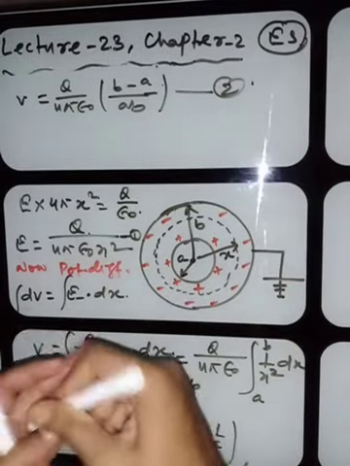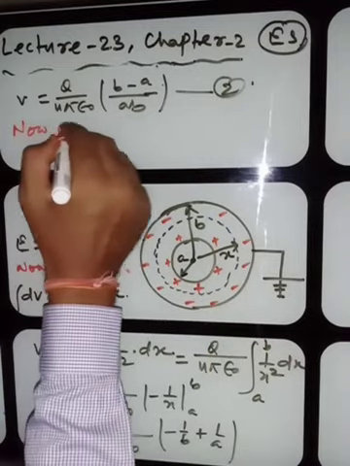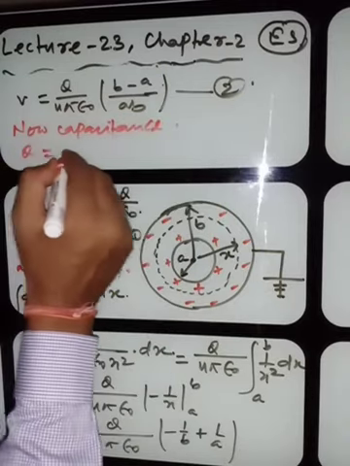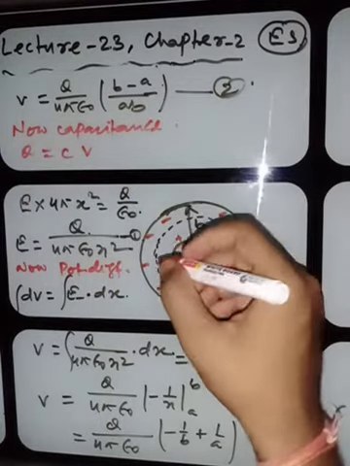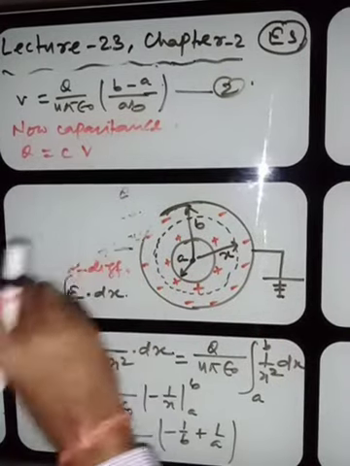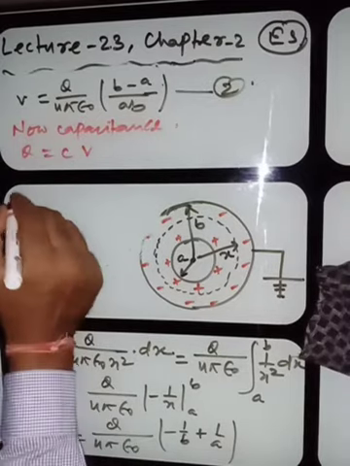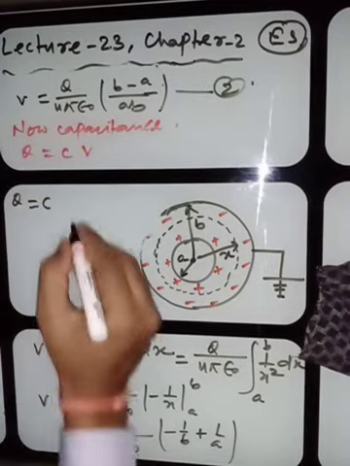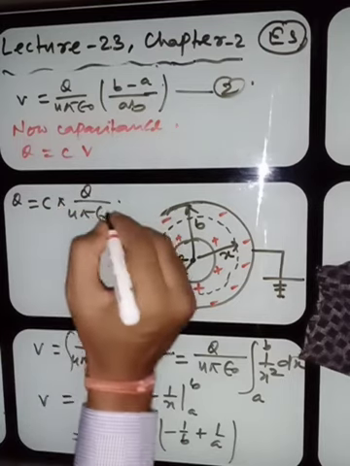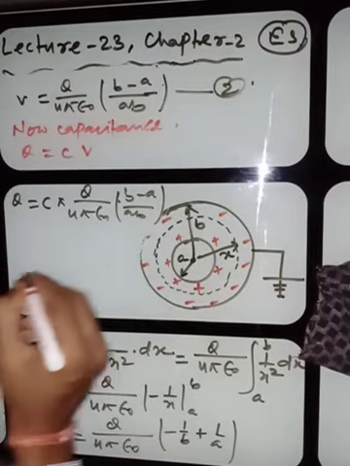Now capacitance. So Q equals CV. Q equals CV, and we can write here Q equals C times V, and V is Q by 4 pi epsilon naught times B minus A by AB.